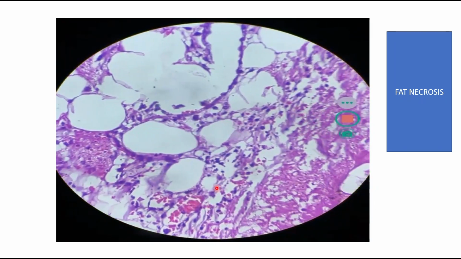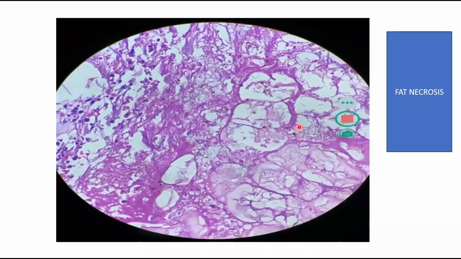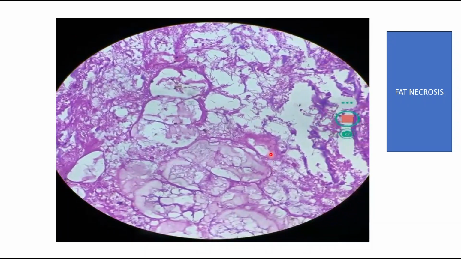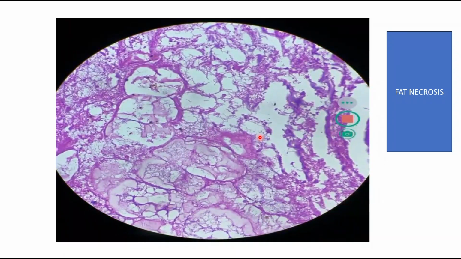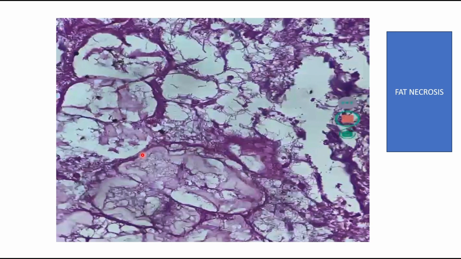These are the congested vessels, inflammatory cells, and this is area showing fat necrosis. Fat necrosis is basically a ghost cell appearance of adipocyte.